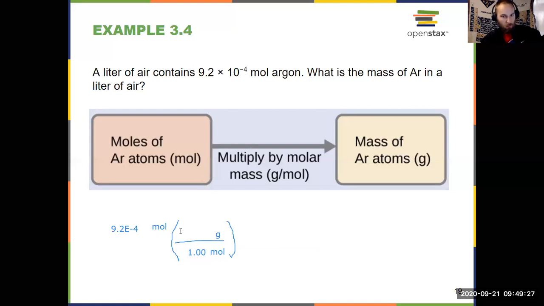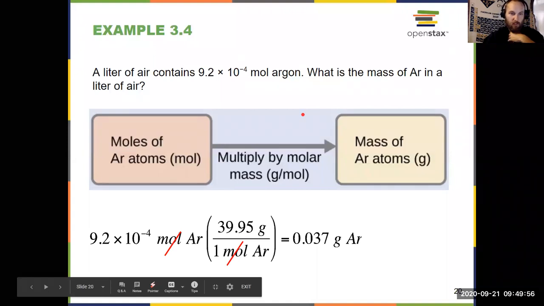I look up its molar mass, okay, 39.95 grams per mole. Now, right, moles cancels out because it's on the top and the bottom. I'm left with grams. I multiply 9.2 times 10 to the negative fourth, multiplied by 39.95, and that gives me my final answer, which is shown on the next slide here.